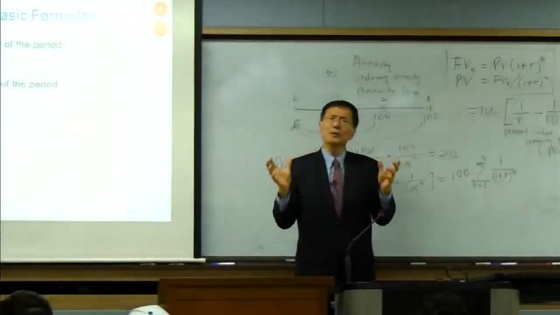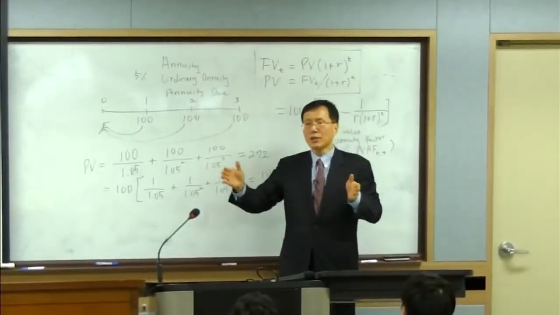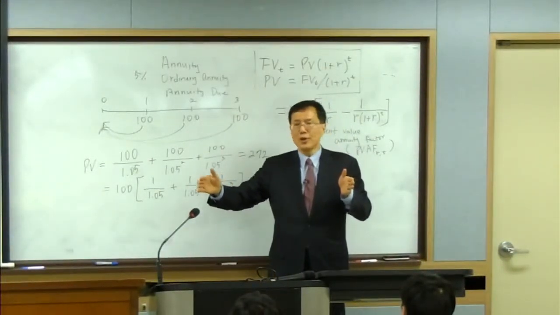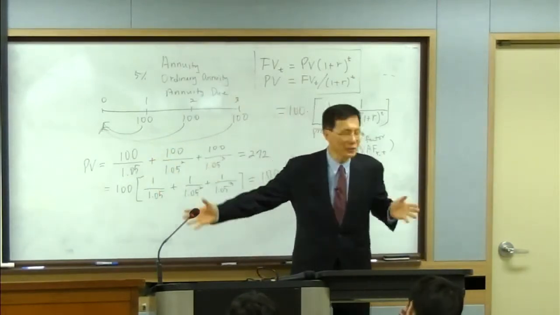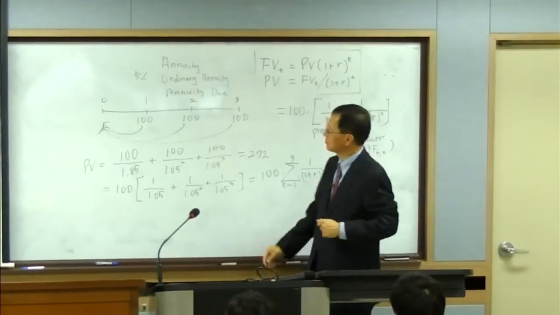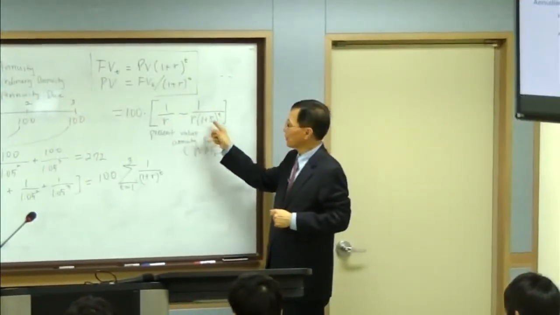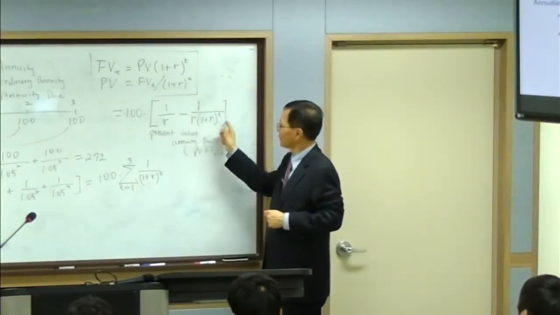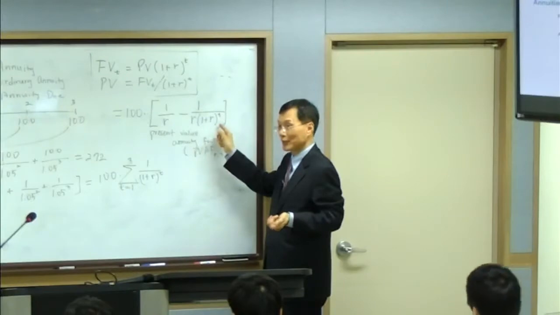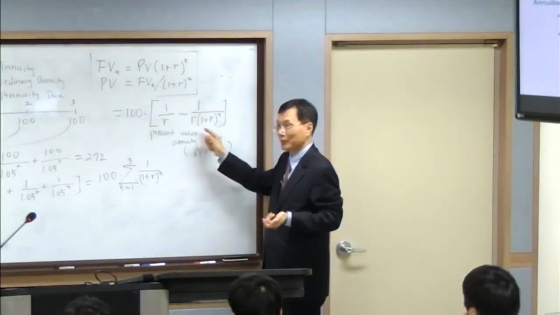Now, suppose this annuity occurs over many, many periods, like 100. Then what will happen to this formula? (1 plus R) to the 100th power will become very large. Therefore, this fraction will become very small.